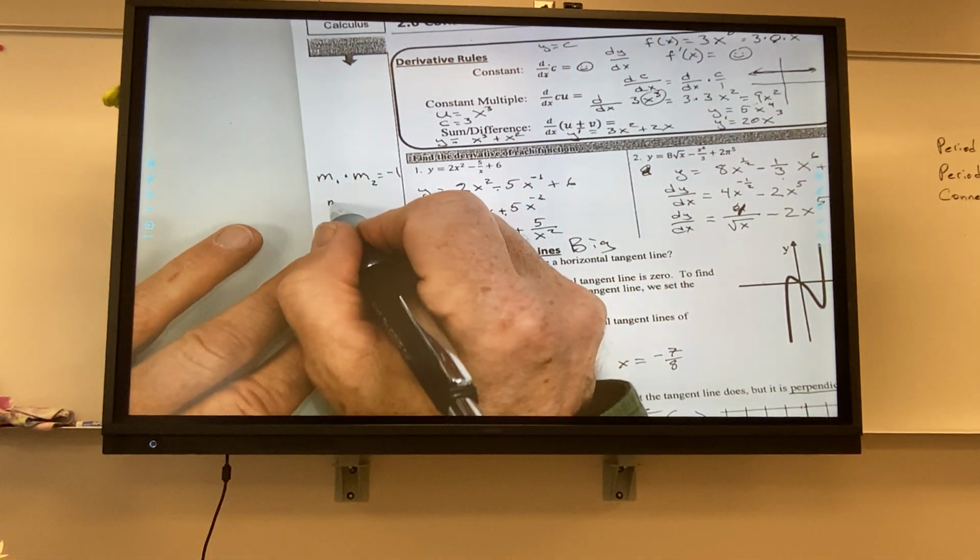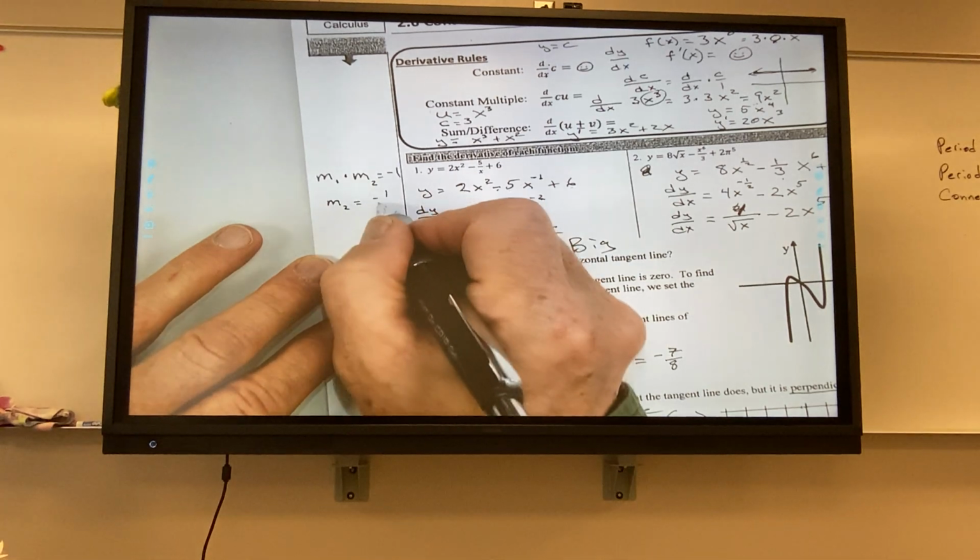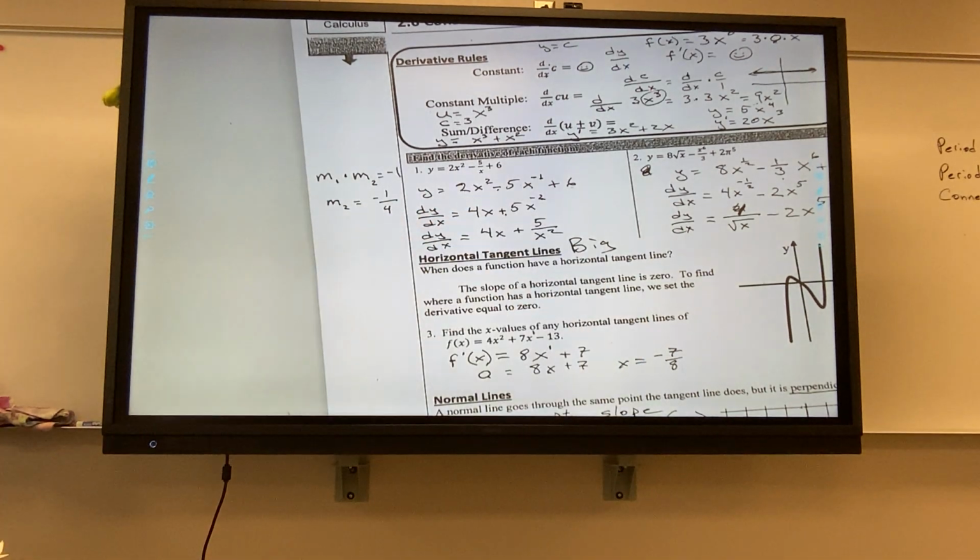So if I put it in the calculator, I got the derivative of one number. Yeah, let's say you got a derivative of 3 halves. We put slope times unknown equals negative 1.